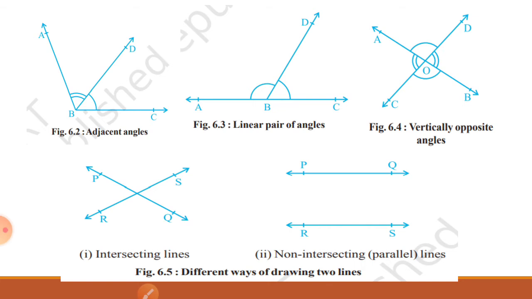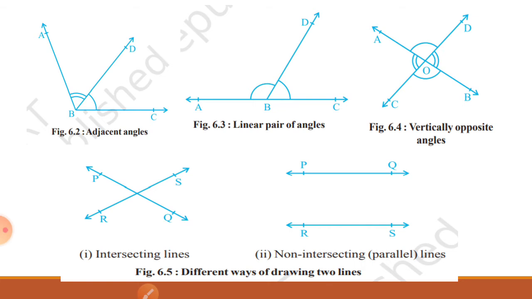So already we got the knowledge about the angles. Now the next point is adjacent angles. Two angles are adjacent if they have a common vertex. Already we know vertex means the common point of two rays.